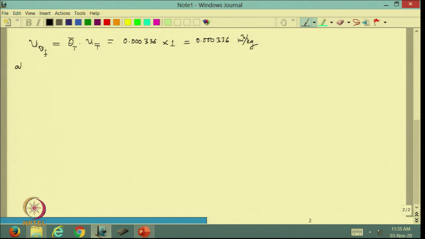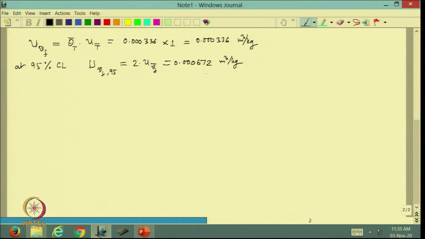At 95% confidence level, the uncertainty in V f will be 2 times the standard uncertainty in V f. This is 0.000672 meter cube per kg.